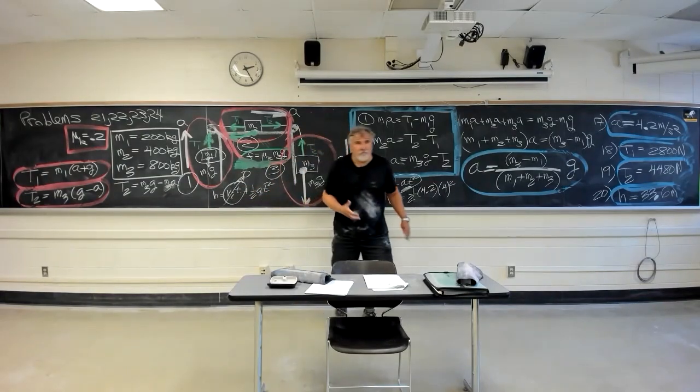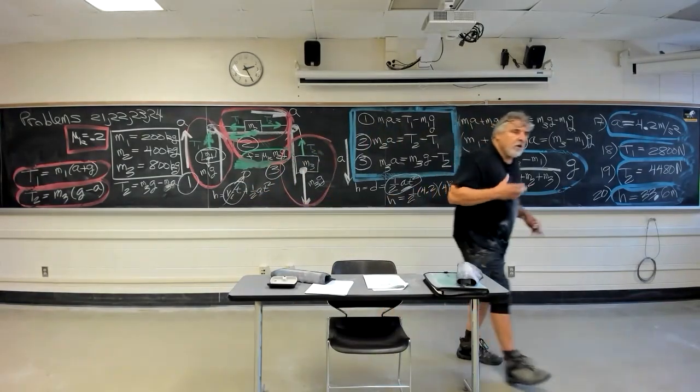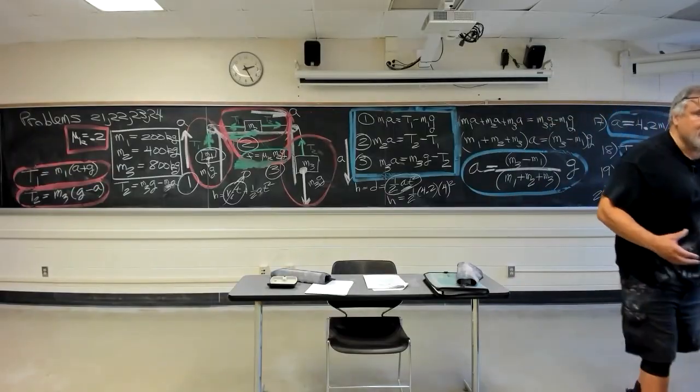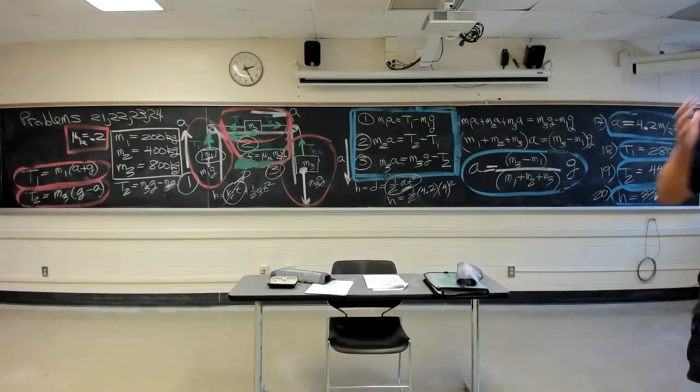My gut tells me that the acceleration experienced by these 3 masses in this 3-body problem, you look at it, and there are a lot of similarities to previous things that we just did. What's the difference?